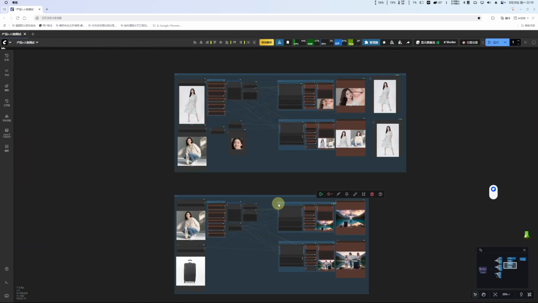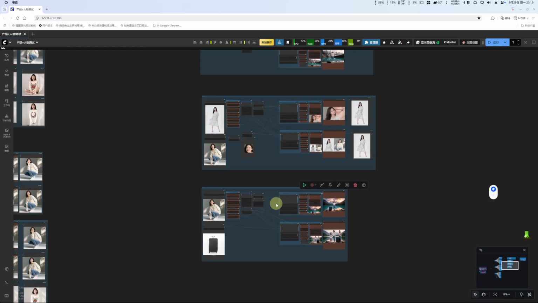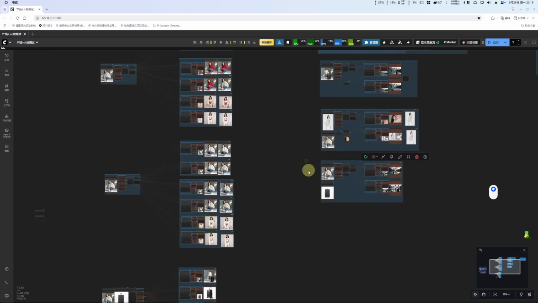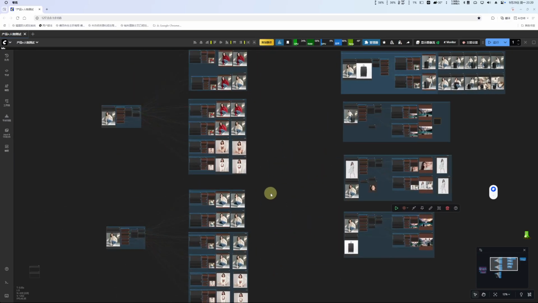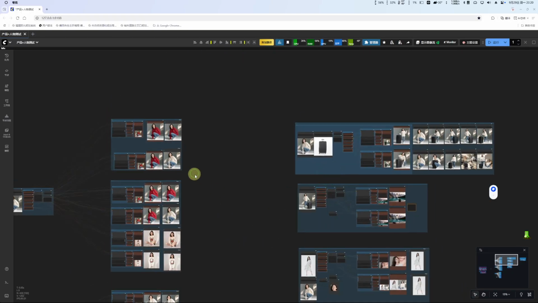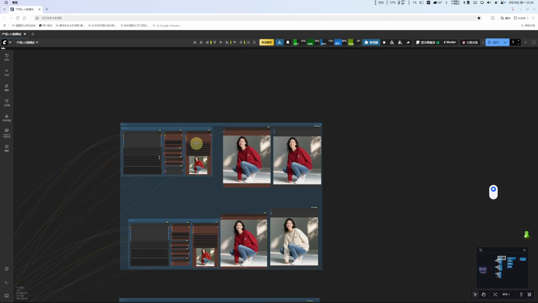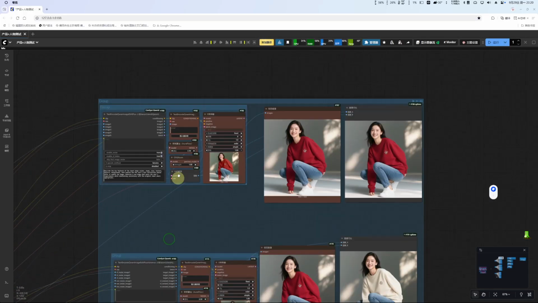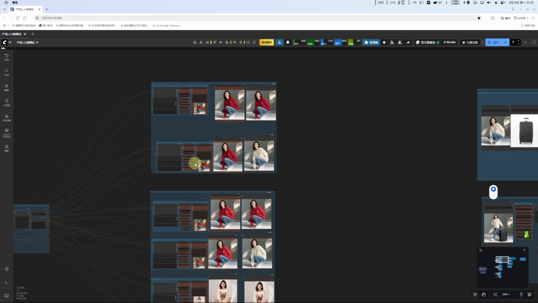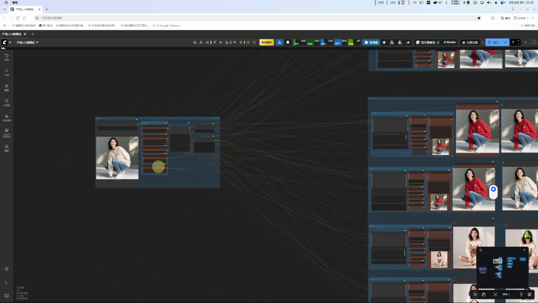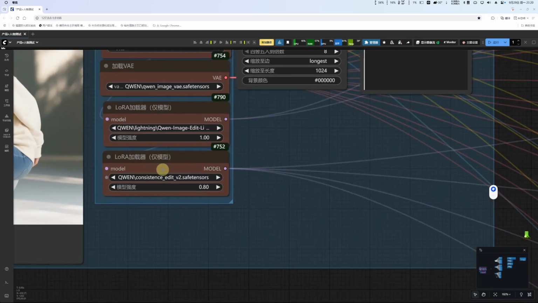It is not useful. Finally, after this series of evaluations, we can actually get such a conclusion. First of all, we should use the new node, which is the new advanced node open-sourced by Xiaojibrain, to perform the processing. It's better. Secondly, we still have to match it with a consistency LoRA.